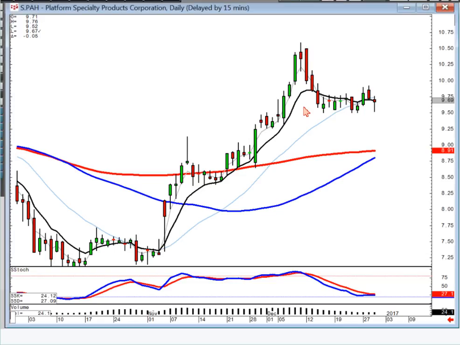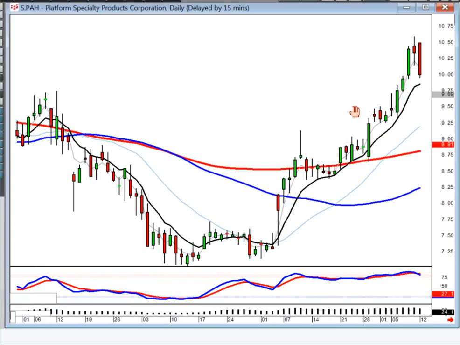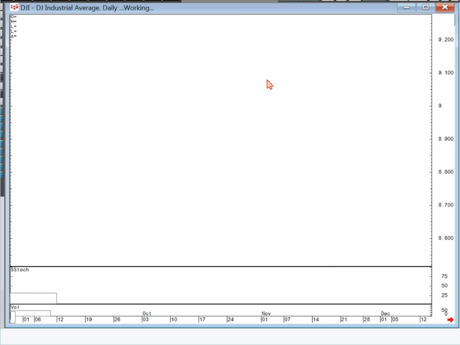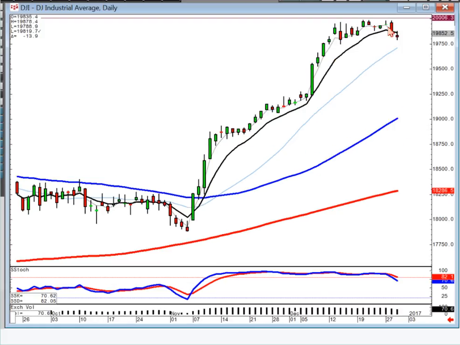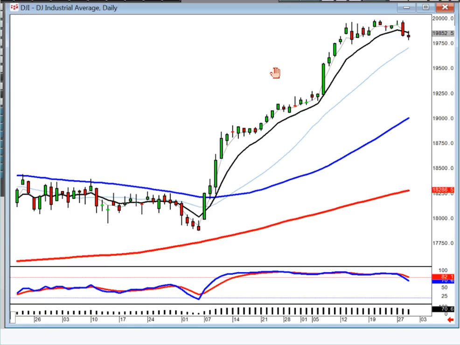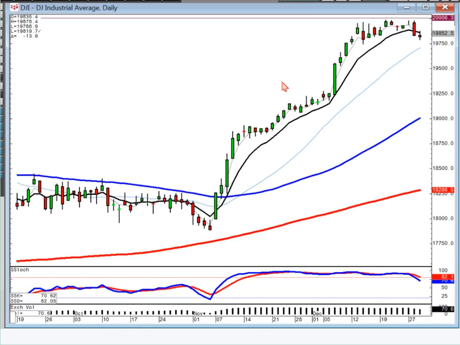Let's say we saw this yesterday after the Dow had done something like this. Yeah, I'd probably close out the position at the end of the day, even though it didn't close below the T line.